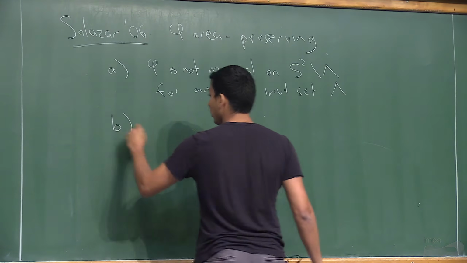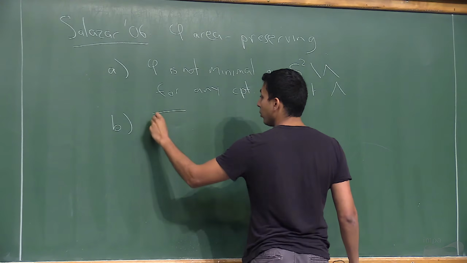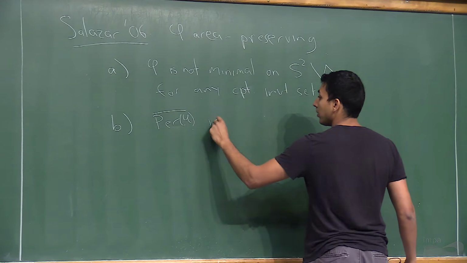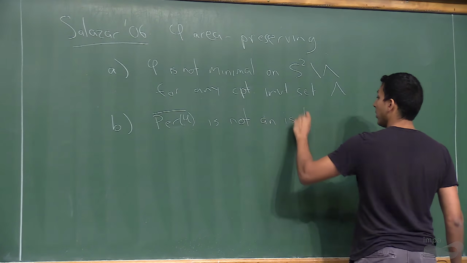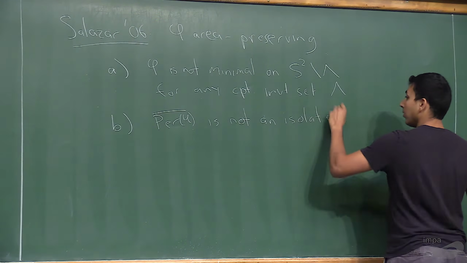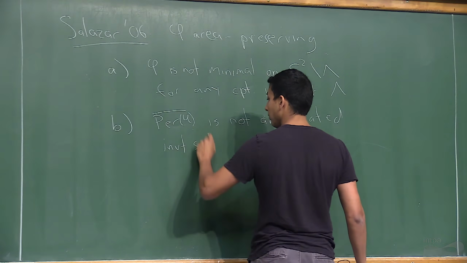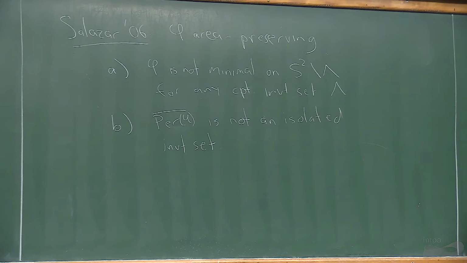And the second one is that the closure of the set of periodic points is not an isolated invariant set. Okay. So these are all results about homeomorphisms of S2.